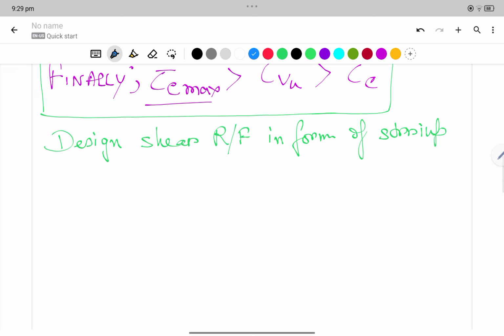So here comes the minimum reinforcement. First we will see what is the minimum stirrup requirement.